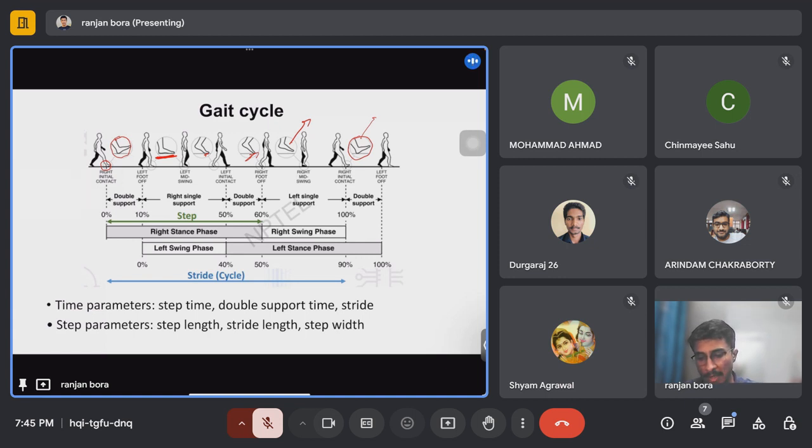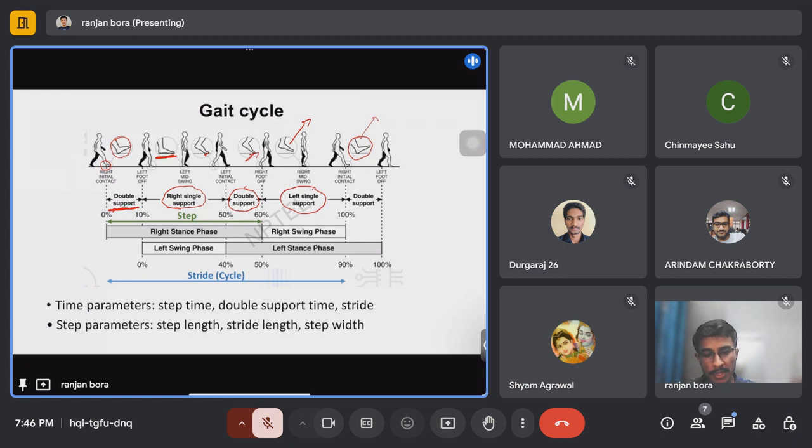So you have different phases. This is the double support phase, where both our feet are in contact with the ground, and next is right single support, where only the right foot is in contact with the ground. Then again comes the double support, followed by left single support.